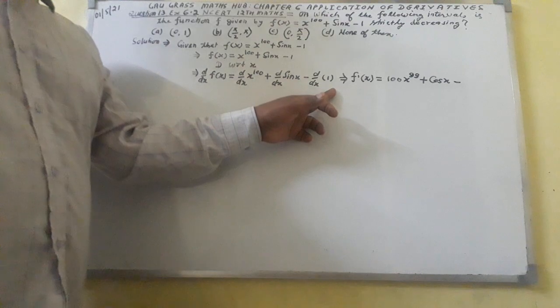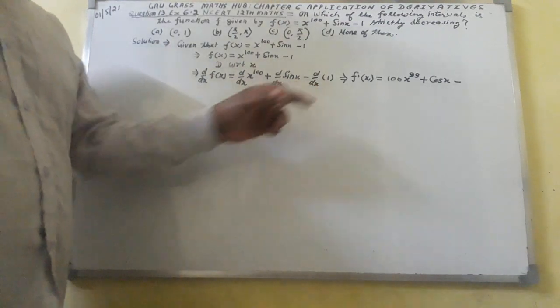Here 1 is a constant, and d over dx of a constant comes out to be 0.